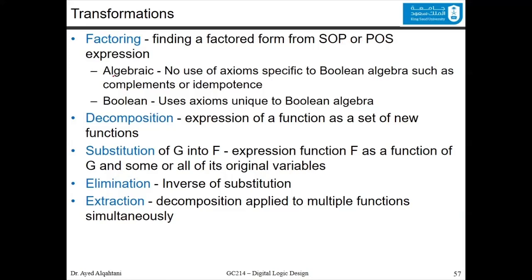It's either going to be algebraic or Boolean. In the algebraic, no use of anything specific to Boolean algebra, such as complement or idempotent. In the Boolean, you use Boolean algebra.